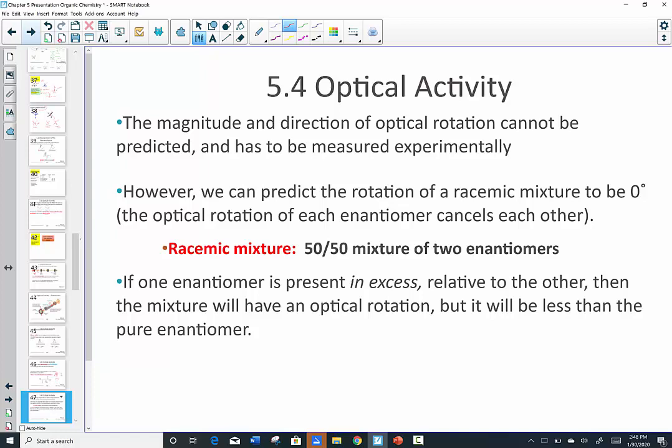Of course, if you have a racemic mixture, which is 50-50 of both enantiomers, going through that polarimeter, I would have one set of molecules spinning the light in this direction and the other set spinning it in the opposite direction, all equal, not in excess. Then I would have zero rotation overall, because each would cancel the other out.